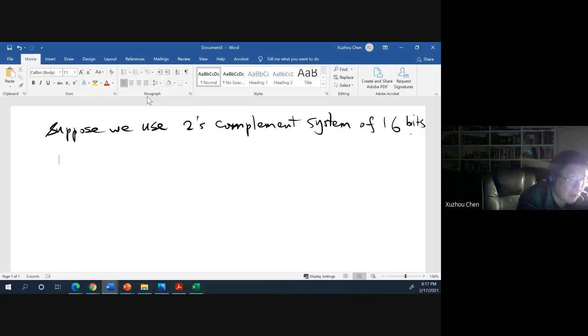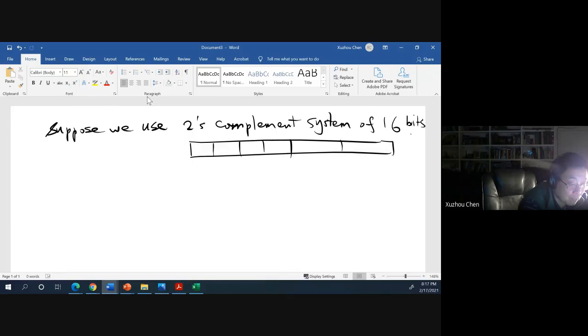That means every number will be stored in 16 bits. Now, how will the number 6 be stored in the two's complement system of 16 bits?